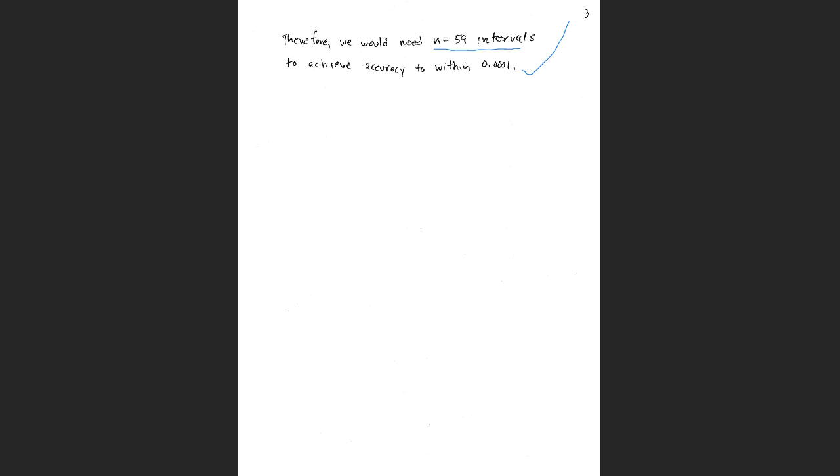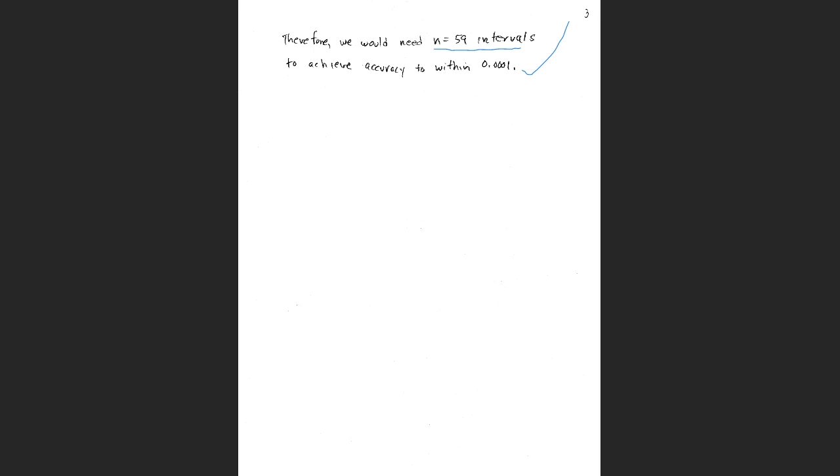If we want to get the error bound down to 1/10,000th, which is a factor of about 3, we need to increase our subintervals by about 50. N equals 10 subintervals to N equals 59 subintervals. That's about 50 more intervals that you have to do.